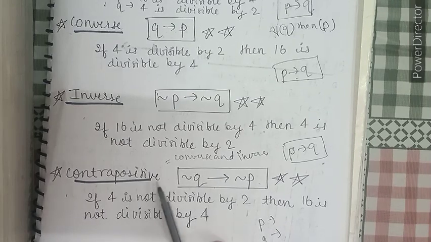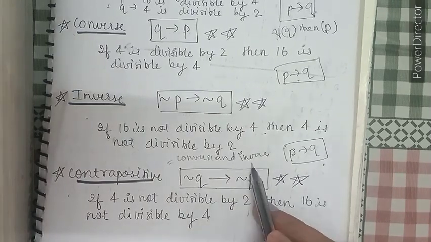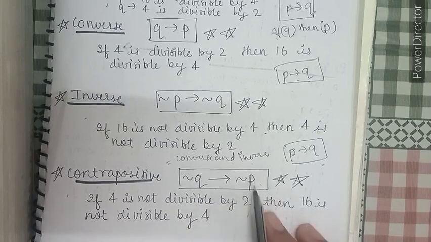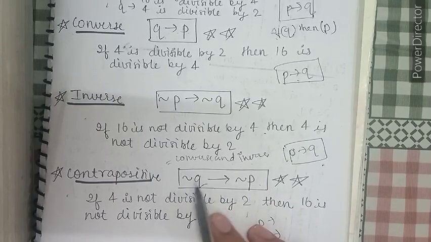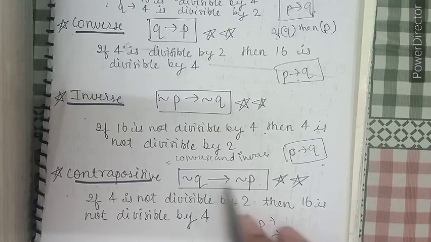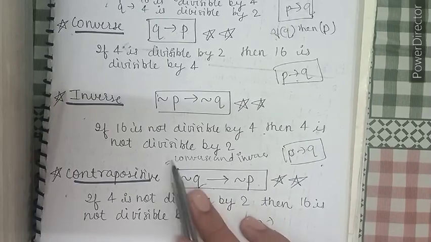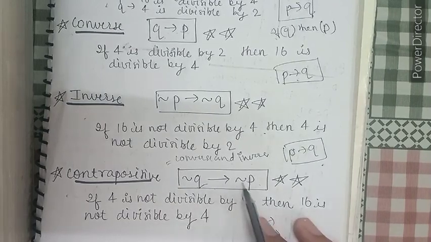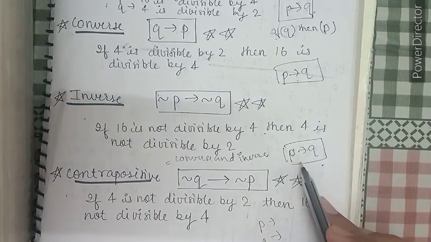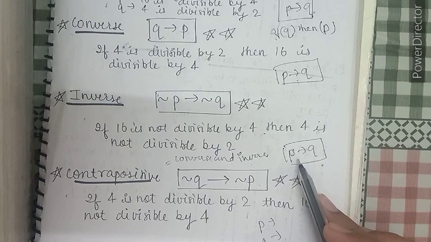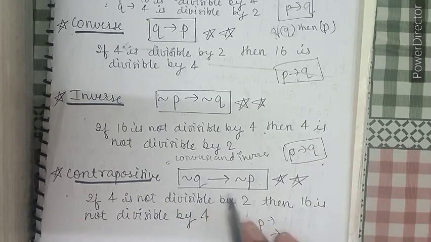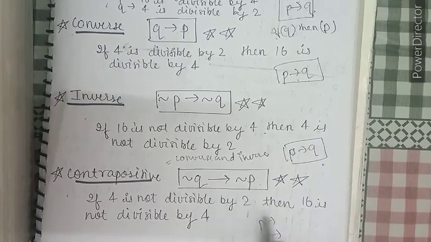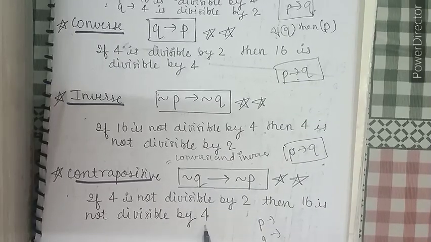Contrapositive is converse plus inverse: negation of Q implies negation of P. Here Q implies P is the converse and negation is the inverse, so converse and inverse together give the contrapositive. If we are asked for the contrapositive of P implies Q, it is negation of Q implies negation of P, which can be written as: if 4 is not divisible by 2, then 16 is not divisible by 4.